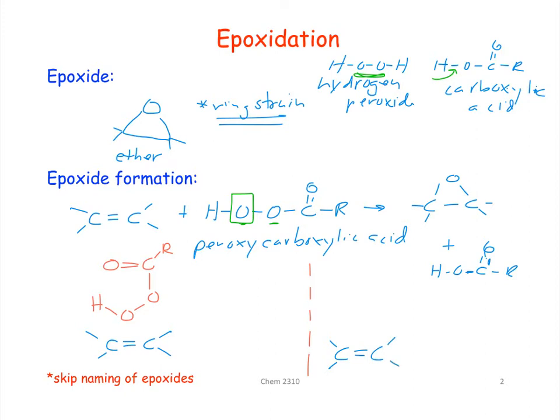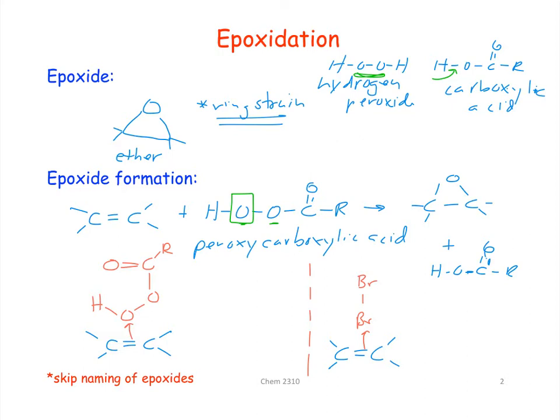In the bromination reaction, remember we drew this dibromide end on, and so what we did is we showed the pi bond reacting with the bromine, and in the epoxidation reaction, the pi bond's going to react with this oxygen.